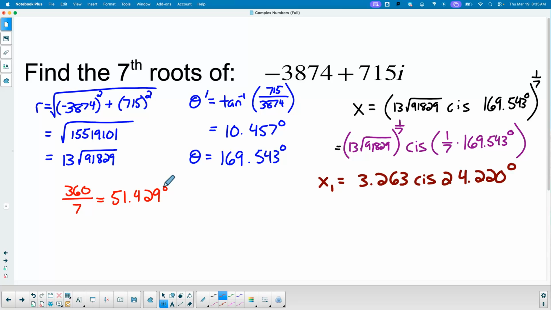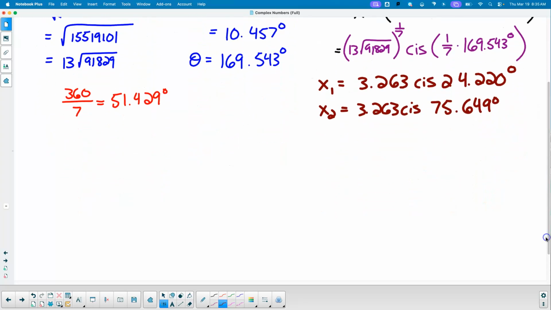Okay, so then my next one would be 3.263 cosine i sine of 75.649 degrees is my second one. My third one, 3.263 cosine i sine of 127.078 degrees.